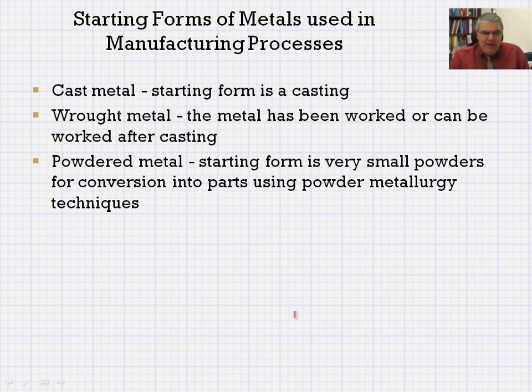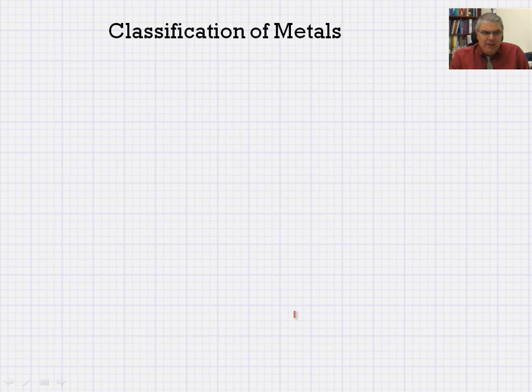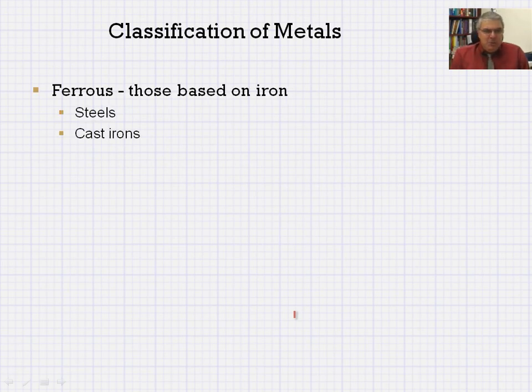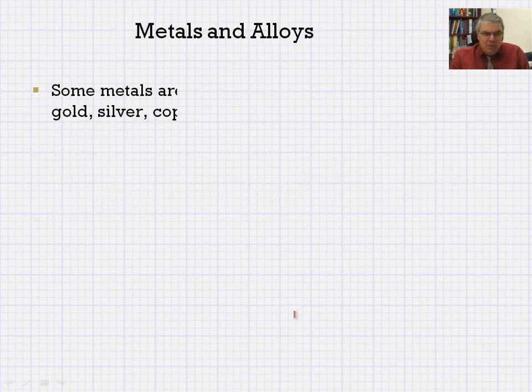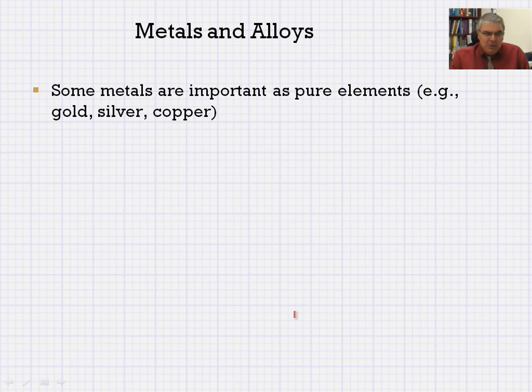So we can either have a cast metal, a wrought metal, or powdered metal before we can start the process. The main classification, two major categories of metals, as I mentioned, are ferrous and non-ferrous. And there are also super alloys that we are going to talk about in short in due time.